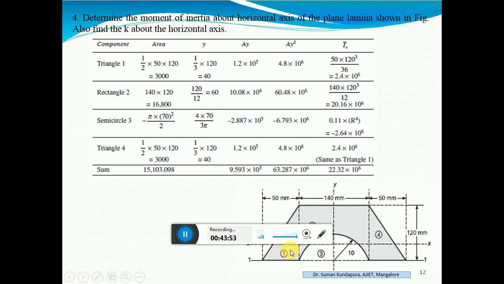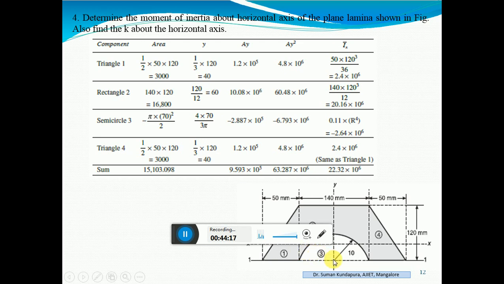It is 1/3 of 120. Okay, 1/3 of 120 is 40. Coming to the rectangle, rectangle is half of the depth. Centroid will lie somewhere in the midpoint here. 120 by 2, which is 60.